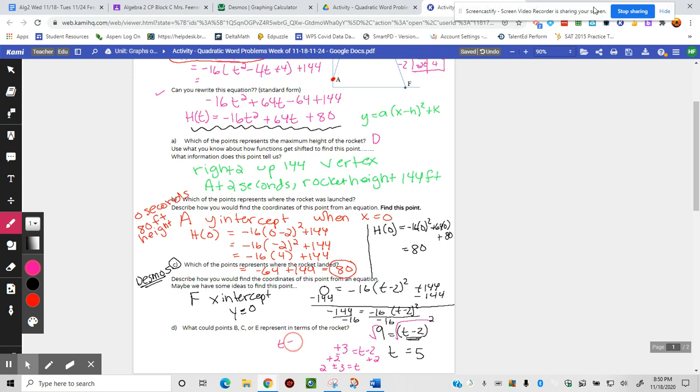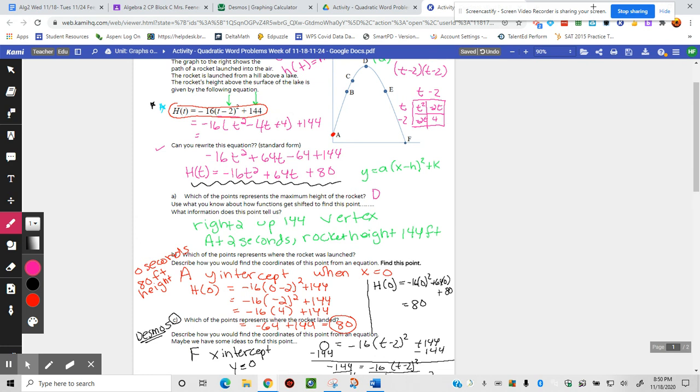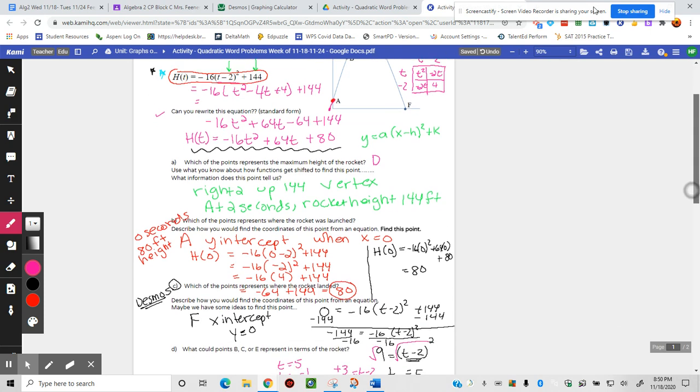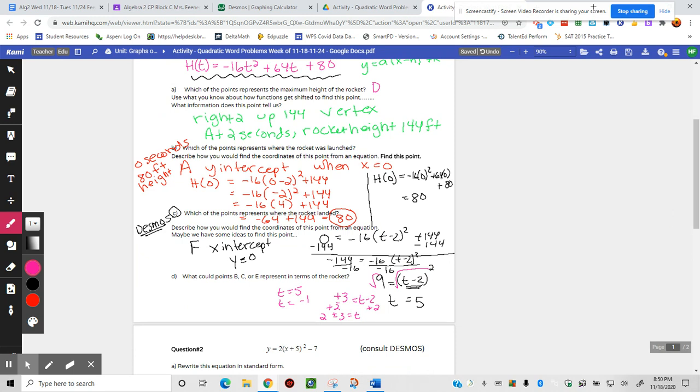I get t equals 5, but I also get t equals negative 1. Well, why is that? Why would I get two x-intercepts here? Oh, okay, wait, let me look at my graph again. If I continued this line, this would come down. I would get another intercept. But it just doesn't make sense in this problem because it doesn't make sense to have a negative time. So I'm only going to have 1. I'm going to have t equals 5.